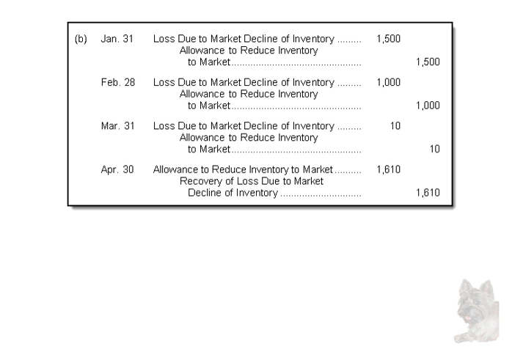Then in February, we have an additional $1,000 loss, and the allowance gets built up. In March, it's just a $10 amount that's needed. And then in April, the loss gets reversed. So rather than calling it a gain, we have a recovery of the loss due to market decline of inventory, and we debit the allowance to reduce inventory to market in the amount of $1,610.